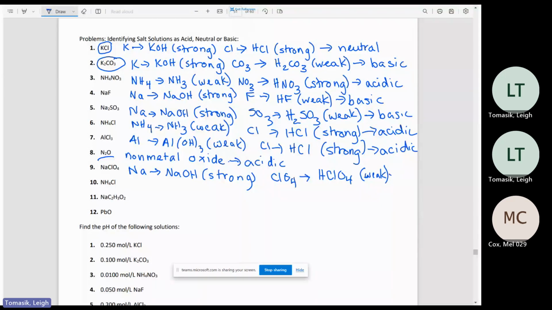So this is basic. NH4Cl, I think you can start to get the idea. NH4Cl is going to be acidic. The next one is going to be basic. And the last one is a metal oxide, so it'll be basic.